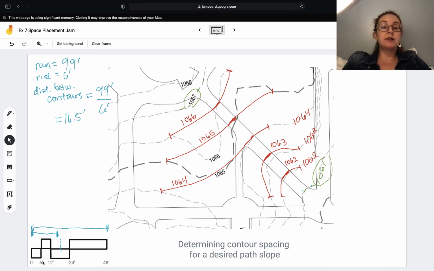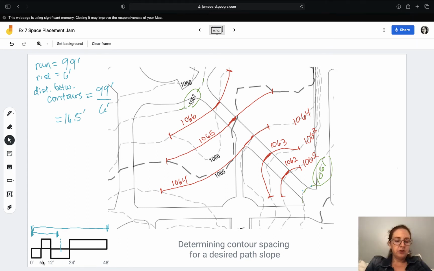Now, out of curiosity, I want to find out what the slope on this new path is. So I'm going to do the slope calculation real quick. So I'm going to change my colors for just a second. So I want to calculate the slope. And I didn't say this earlier, but I should have.